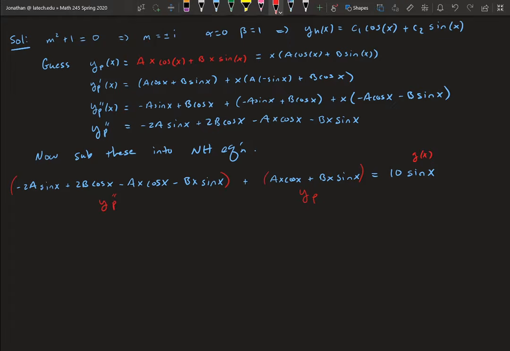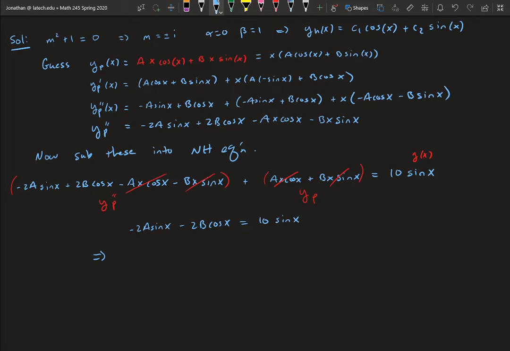And now it looks like we have some nice cancellations. Negative ax cosine x, positive ax cosine x. Negative bx sine x, positive bx sine x. So then we really just get the equation negative 2a sine x plus 2b cosine x equals 10 sine x. And now what can we do? We can equate the coefficients on the left and the right in front of the linearly independent functions.